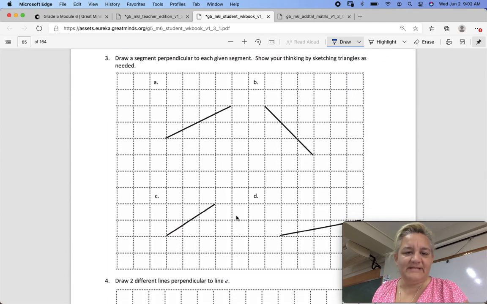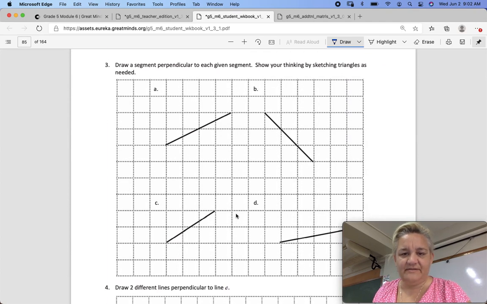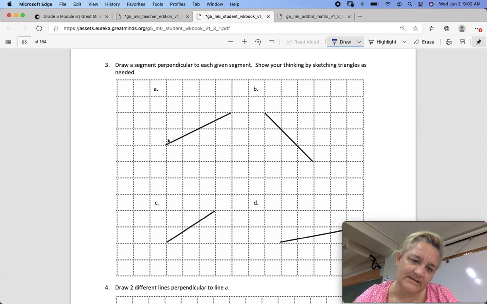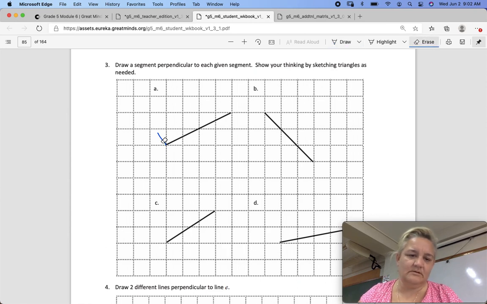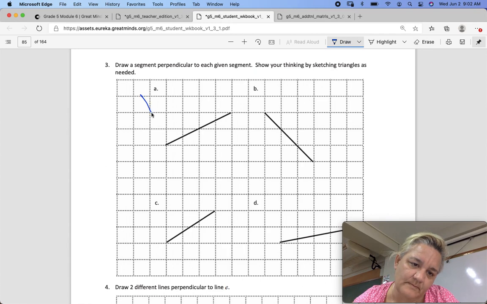Draw a segment perpendicular to each given segment. Show your thinking by sketching triangles as needed. There's a 90-degree angle right there.